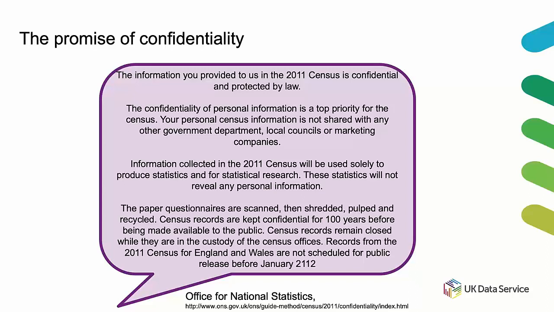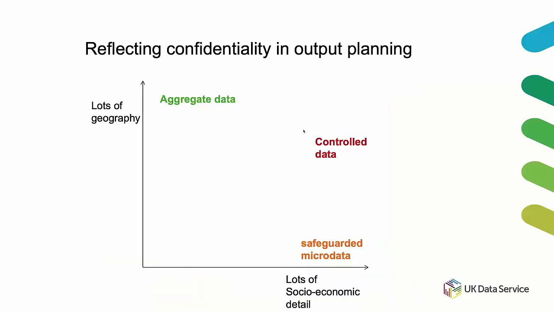So a lot of work goes into making sure that it is almost impossible to identify. Well, it should in theory be impossible to identify an individual from the census outputs for 100 years. But it does also have an implication of the type of data that we can release. So confidentiality is critical in deciding the sort of outputs that can be released.